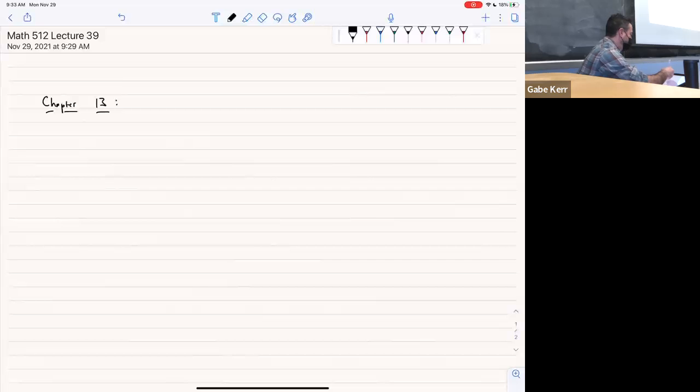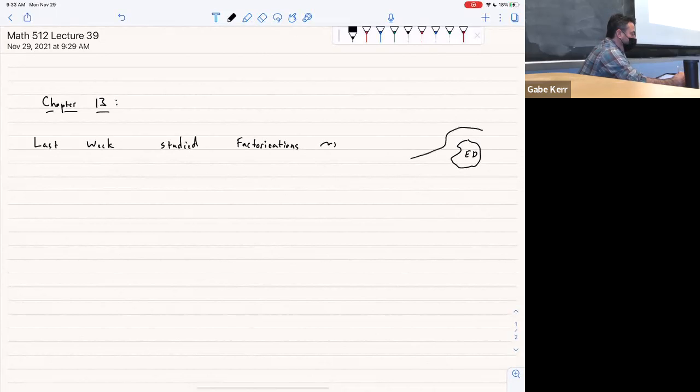Last week or so, we studied factorizations. And we've got this kind of picture. Let's try to reorient ourselves. We have these Euclidean domains inside of the world of principal ideal domains.